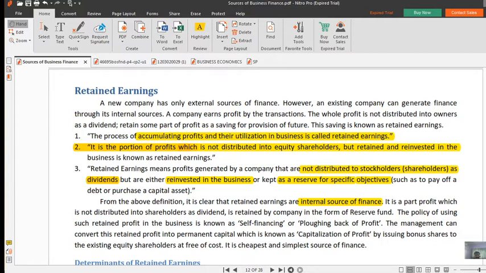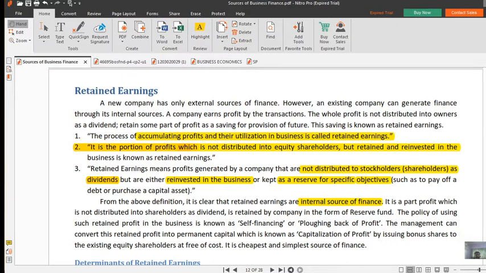That is, a newly established company can collect capital, raise finance from shares, debentures, bonds, deposits, loans. But a well-established existing company can generate finance through its internal sources.